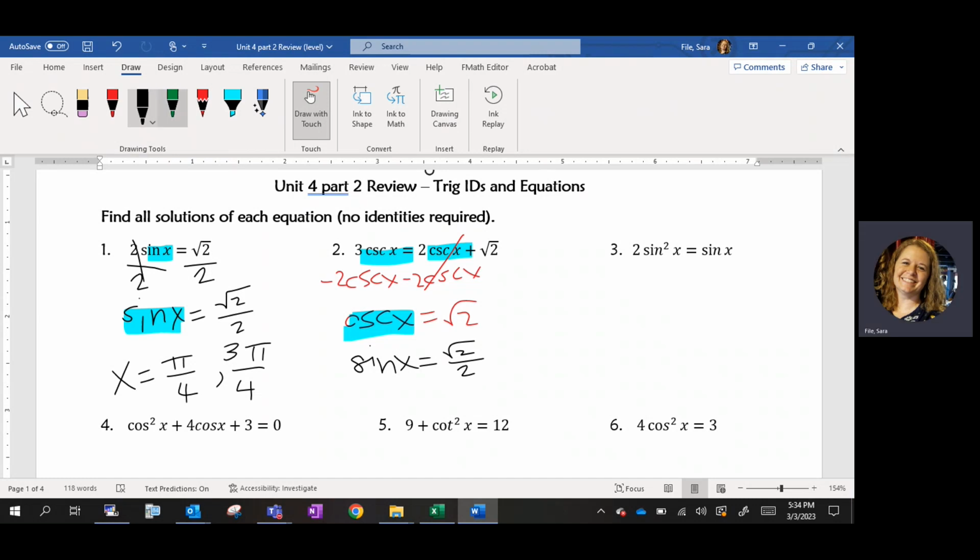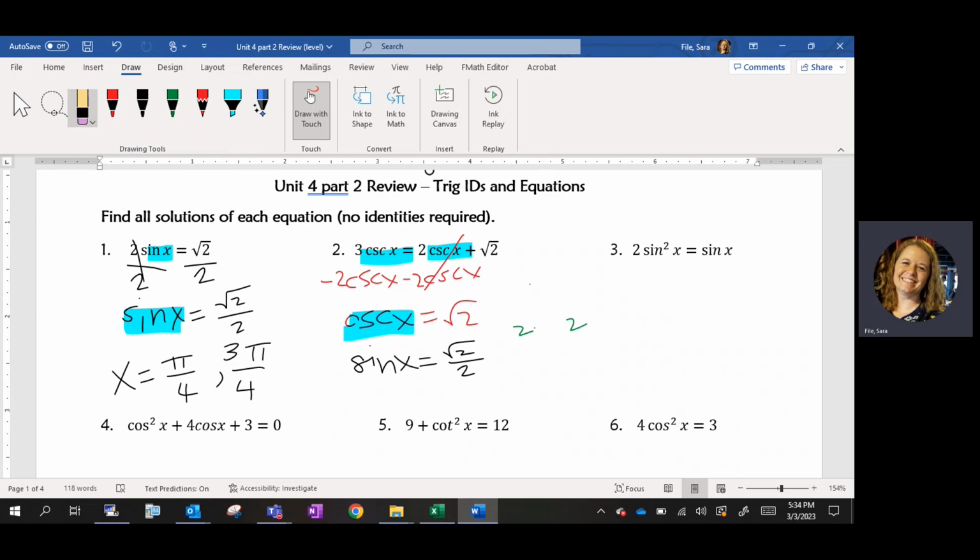Because remember, if I take root 2 and flip it, it becomes 1 over root 2. But if I rationalize by multiplying by the radical in both the numerator and denominator, I end up with root 2 in the numerator and just 2 in the denominator.